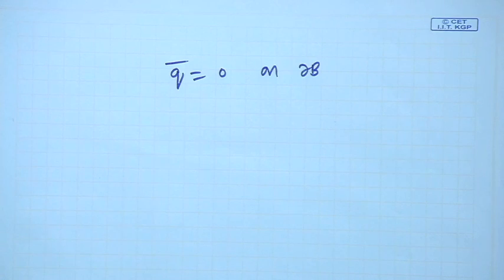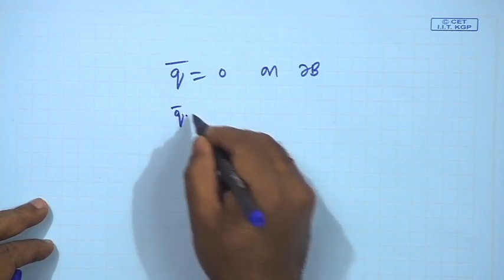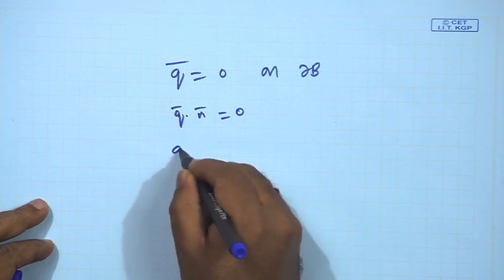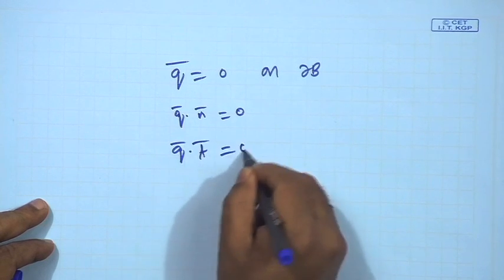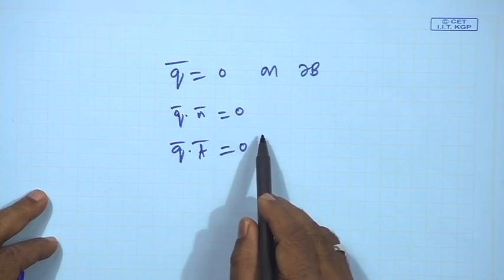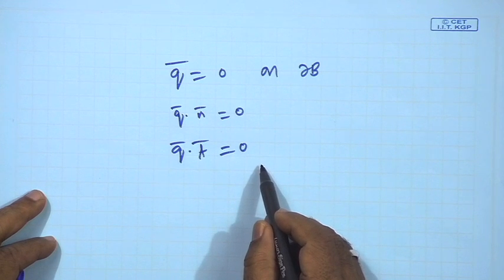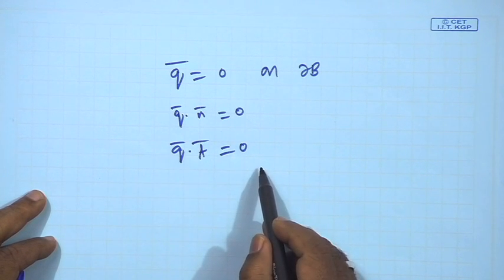This is a slight misuse of notation, because when you say q bar is 0, what we mean is the normal component is 0 and the tangential components are 0. If you are in 3 dimensions, we have 3 scalar conditions: one scalar condition for the normal and 2 tangential components, so 2 scalar conditions for this one.